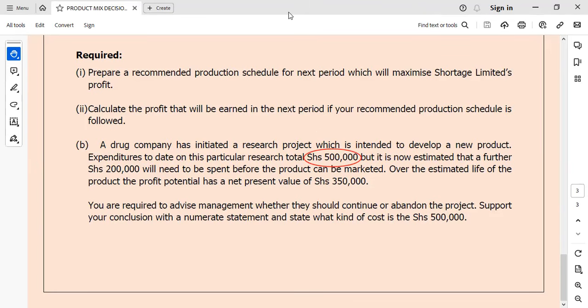If you have to put this in writing, just briefly, this is part B. Of course, I can say that shillings 500,000 is a sunk cost and cannot be avoided. Of course, those costs that cannot be avoided are irrelevant costs for decision-making purposes.